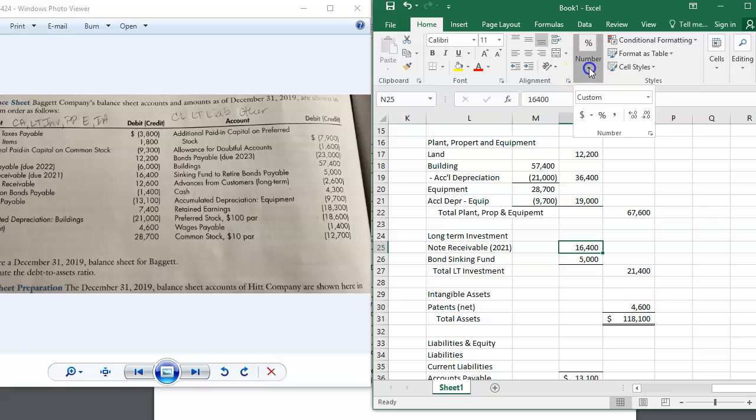But typically the first number in a column, you want to have the dollar sign.